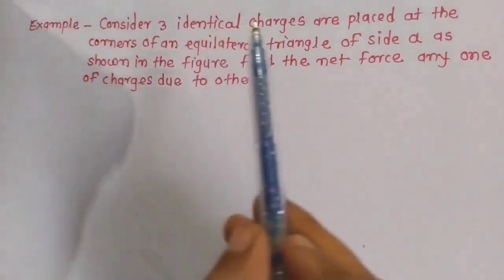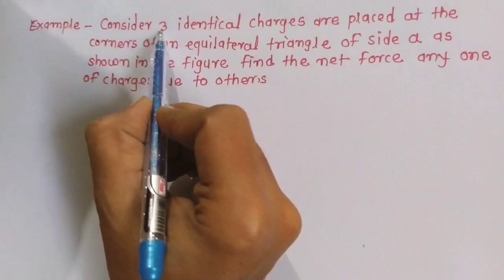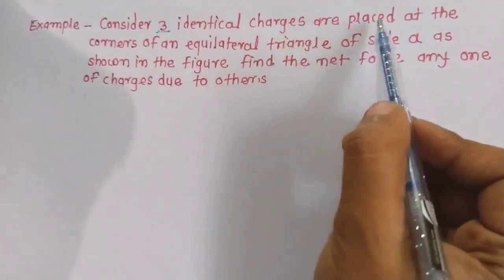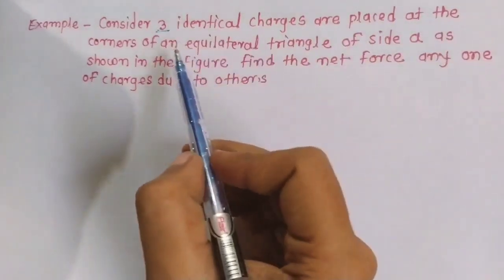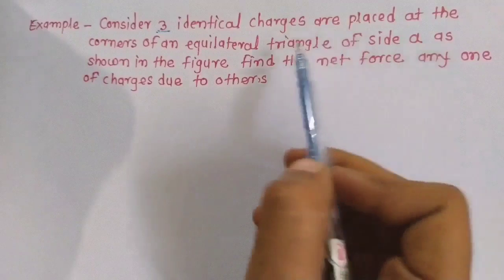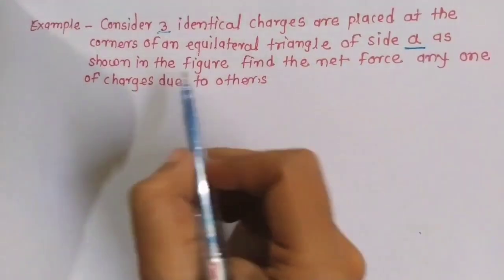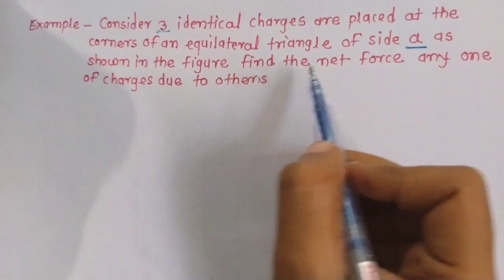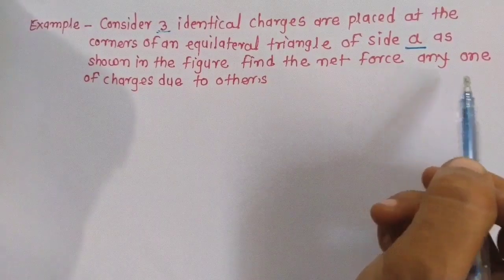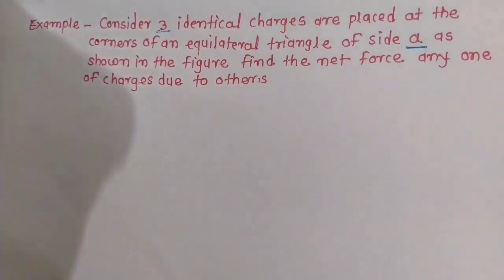Example: consider three identical charges placed at the corners of an equilateral triangle of side A, as shown in the figure, and find the net force on any one of the charges due to the other charges.